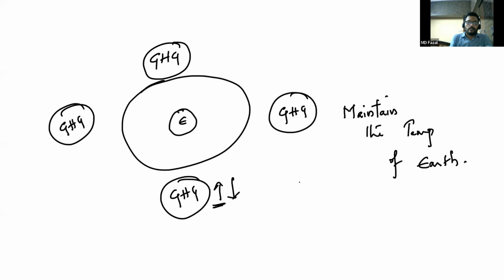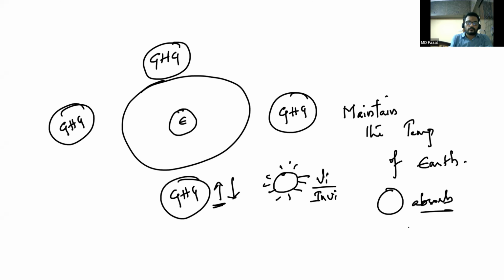I told you, like Earth, the sun emits visible and invisible rays, most of which are short wavelengths and are absorbed, and the emitted ones are long wavelengths. And these long waves which are emitted are IR, infrared.